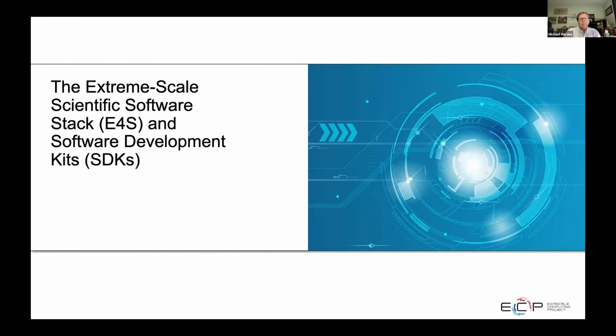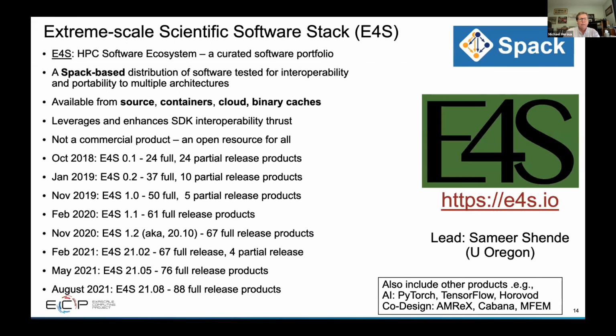I'll talk a little bit about E4S and the SDKs, although the subsequent talks will talk about them in detail. So I'm just going to go into this in a brief sense, giving you a bit of an overview. E4S stands for the Extreme Scale Scientific Software Stack. It's been around now for a few years. We have committed to quarterly releases.